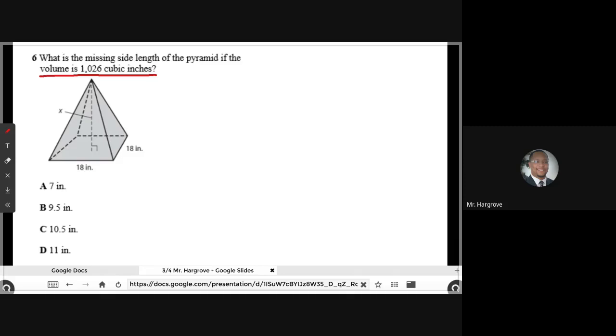The question is, what is that unknown piece? And that X, if I'm dealing with a pyramid, means this is the formula that I'm going to use. Volume equals 1/3 area of the base times the height.